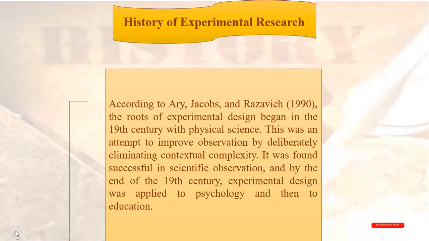Context is complex, because there are certain theoretical ideas which shouldn't go into the classroom, so there was a need for a method by which students learn more effectively in the classroom. It was found successful in scientific observation, and by the end of the 19th century, experimental design was applied to psychology and then education.